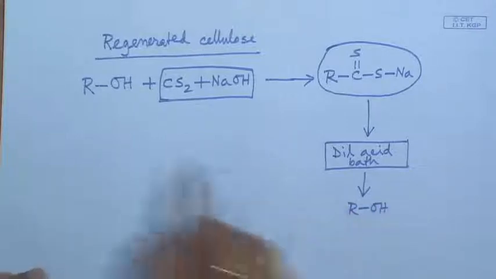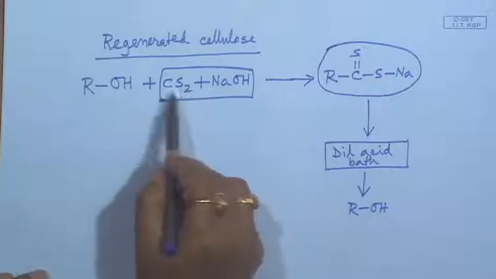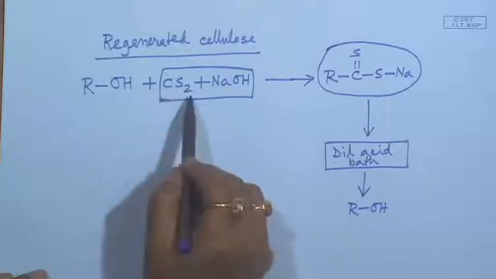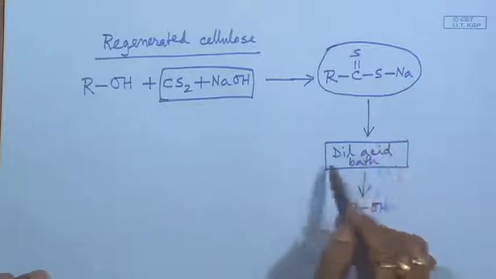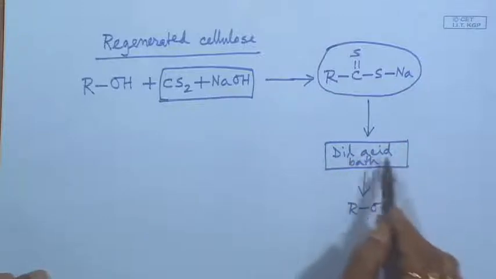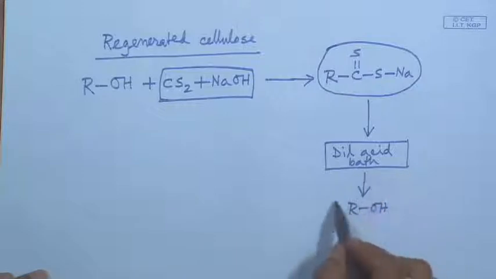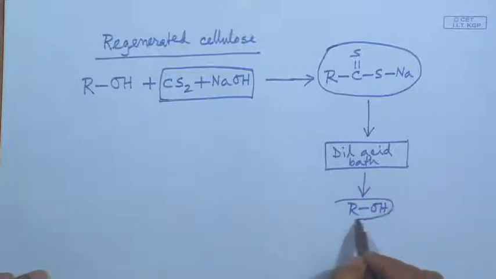Now, this process of treating cellulose with carbon disulfide and sodium alkali and then reprecipitating in an acid bath gives back the cellulose. In this case, the number of hydrogen bonds in the cellulose is reduced.